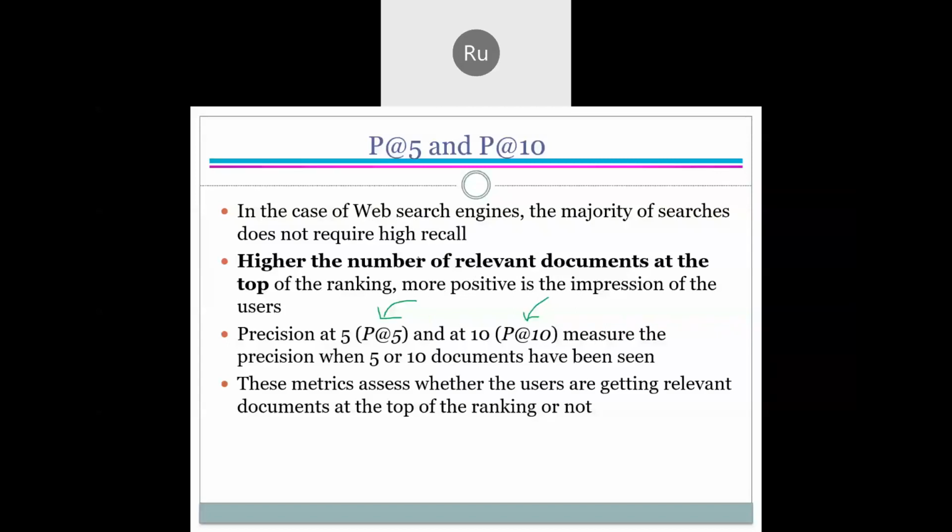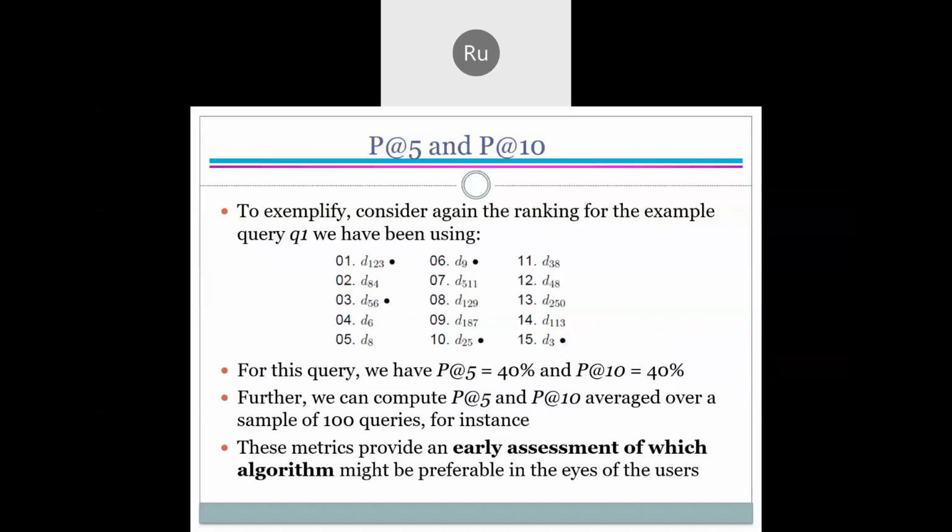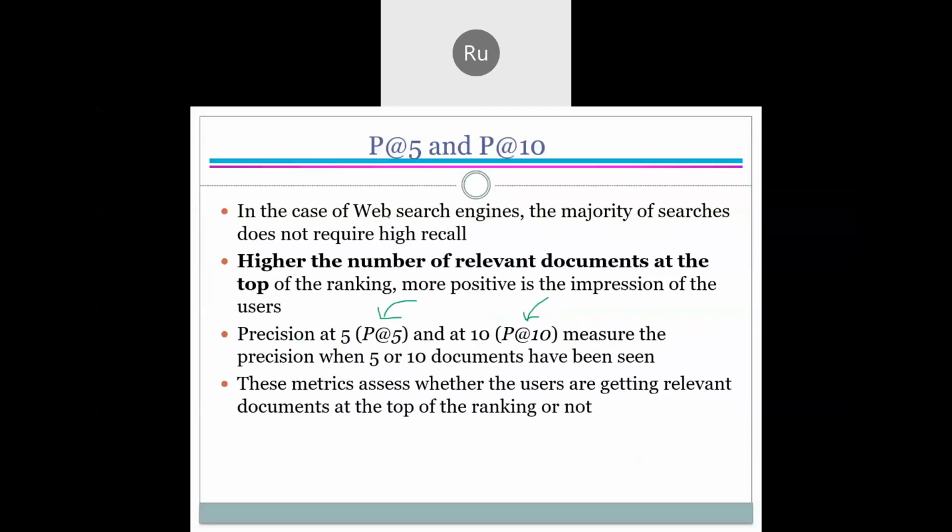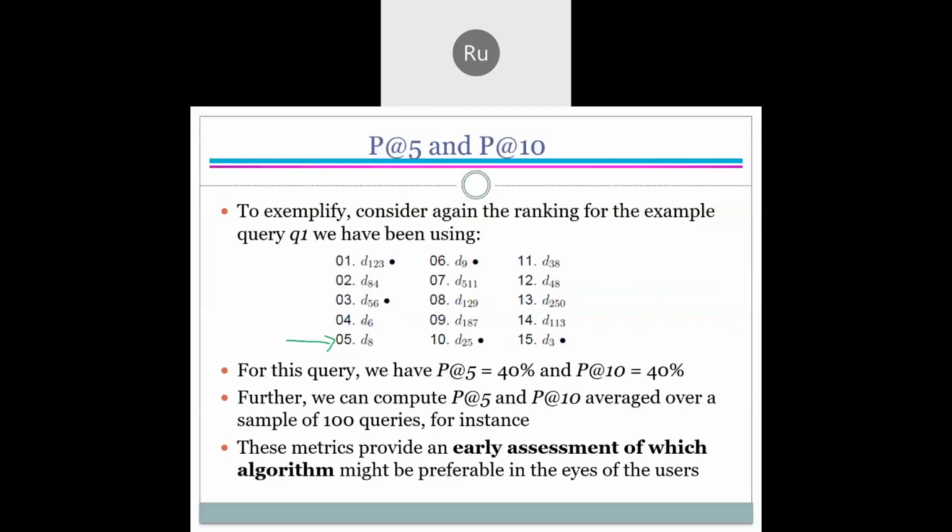So if we ask what is the precision at document 5, which is here, the precision is 2/5.